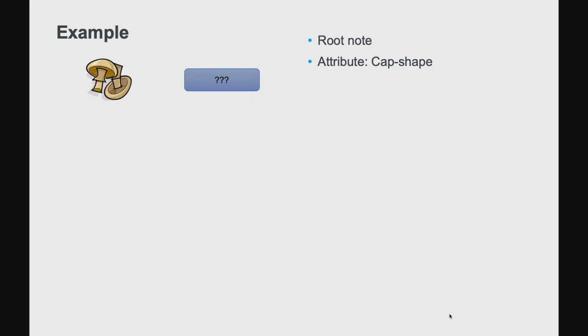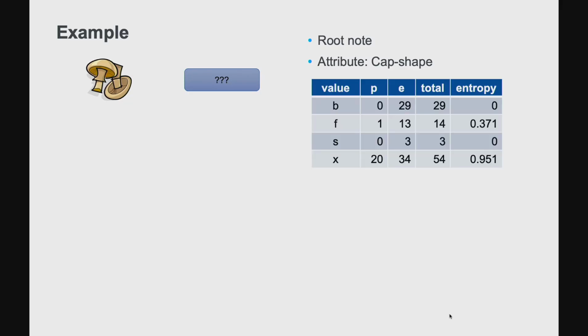Let's apply this to our mushroom dataset. Here we have the root node and an attribute, cap shape. We have the different values that are applicable for the cap shape, and counts of how many of them are poisonous and edible, and the associated entropy that we gain if we distinguish according to these 4 values in the corresponding subnodes.